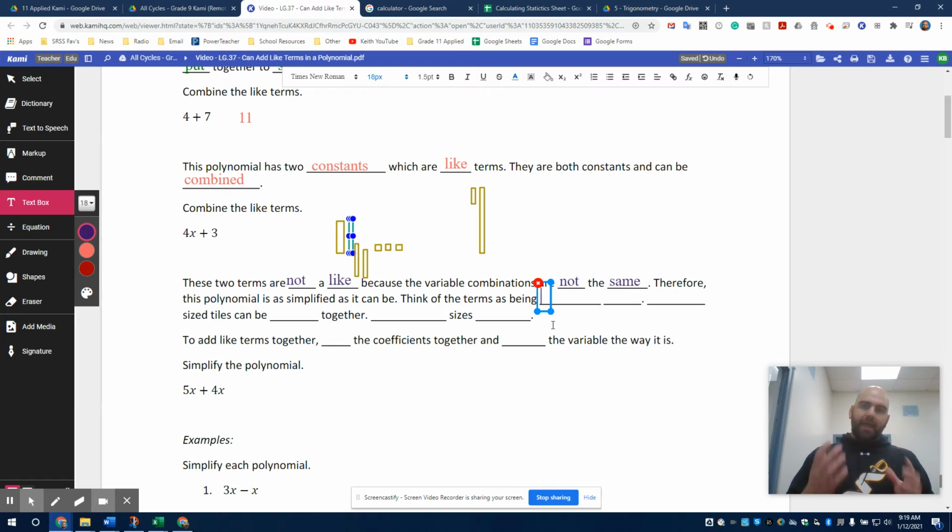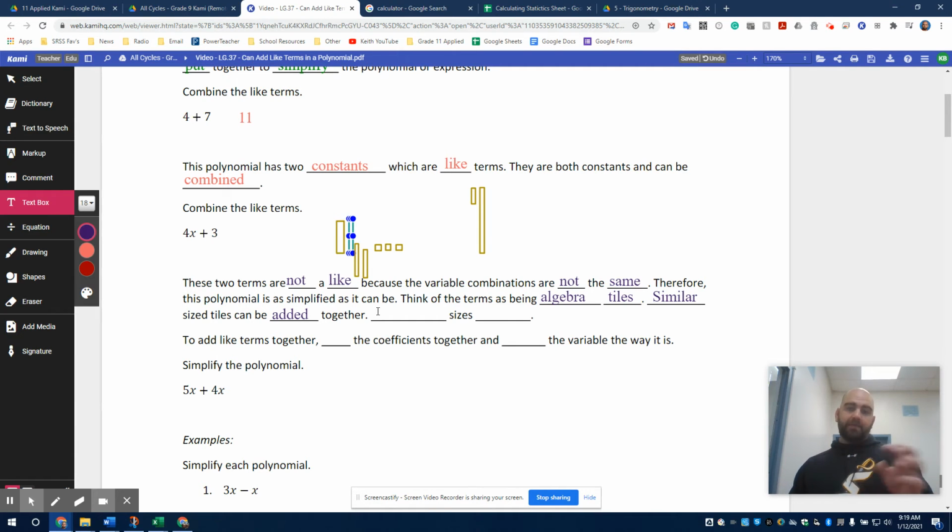Again, like I've talked about, think of the terms as algebra tiles. If we think of it as algebra tiles, similar sized tiles can be added together, and that includes positives and negatives. We can put a negative and a positive together if they're the same size tiles.